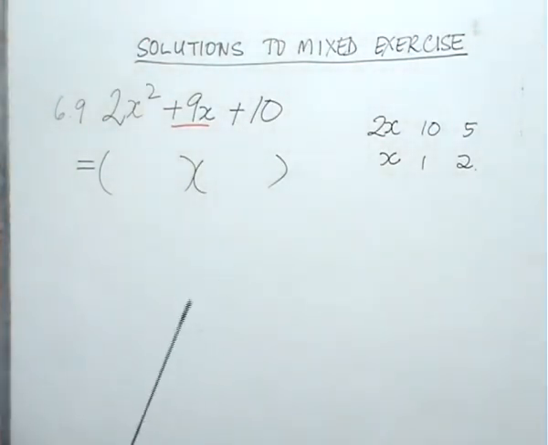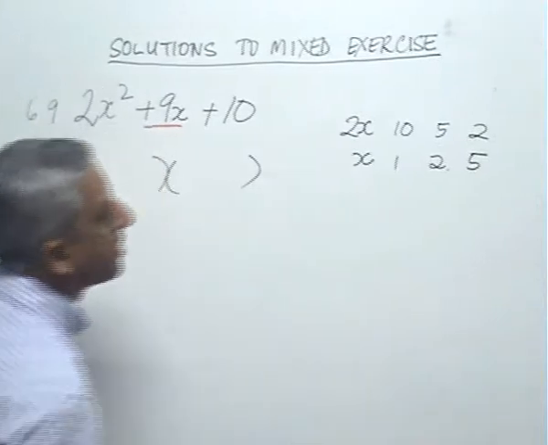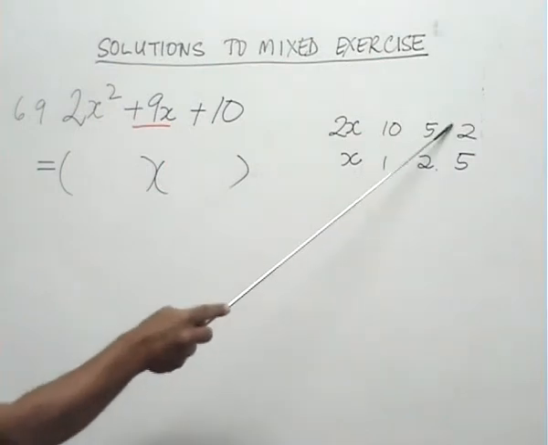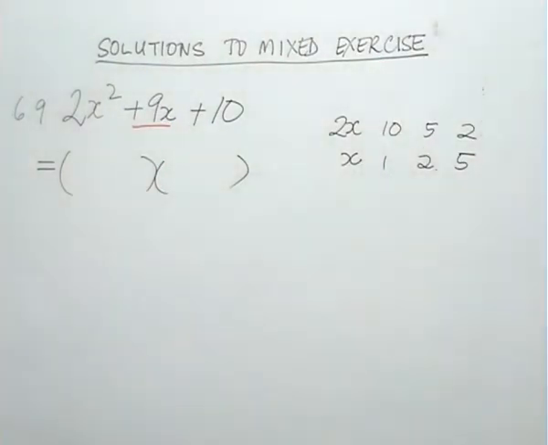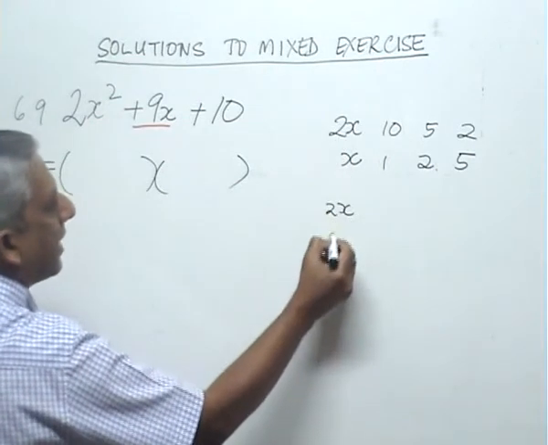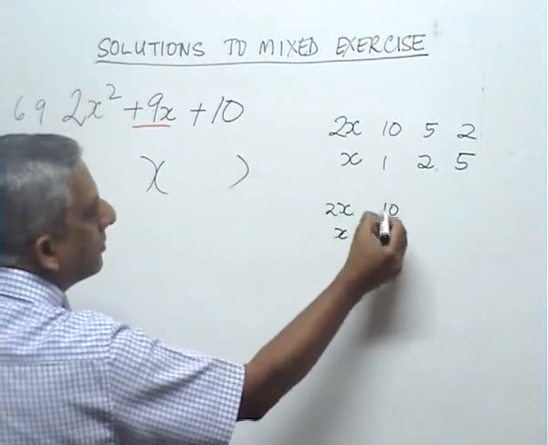Now, you see, I wrote 5 and 2, but another student might write 2 and 5 like that, right? So, we don't know what you did. Maybe you write 5 and 2, or you may write 2 and 5. Now, let's suppose a student felt that the answer is 2x and x and 10 and 1.